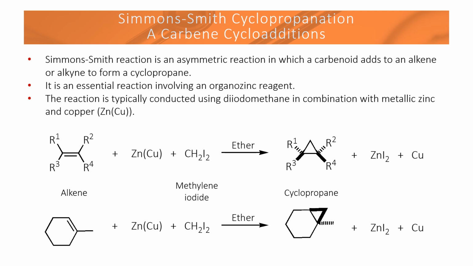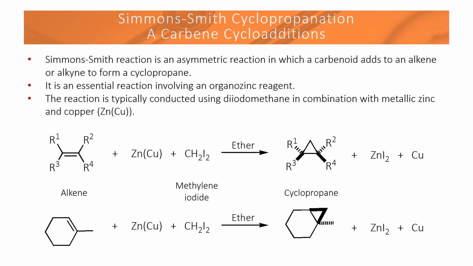Another important reaction is the asymmetric reaction in which a carbene adds to an alkene or an alkyne to form a cyclopropane. The carbene is generated by using zinc copper with methylene iodide.